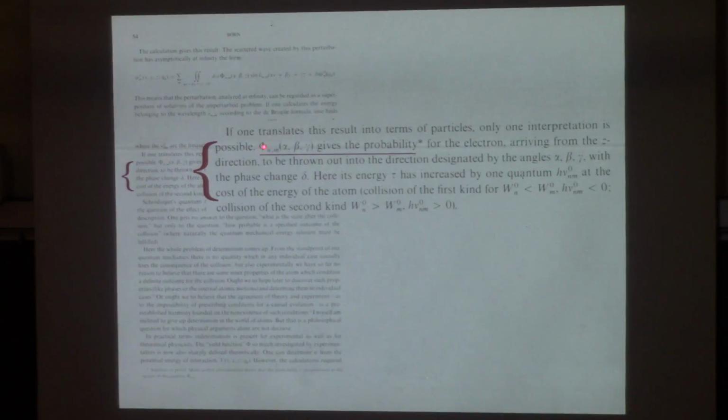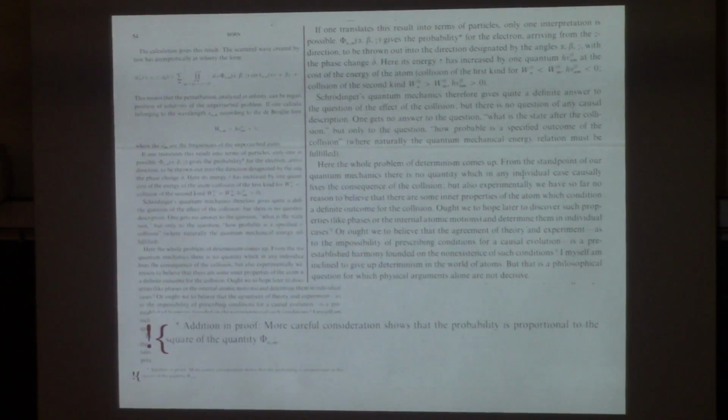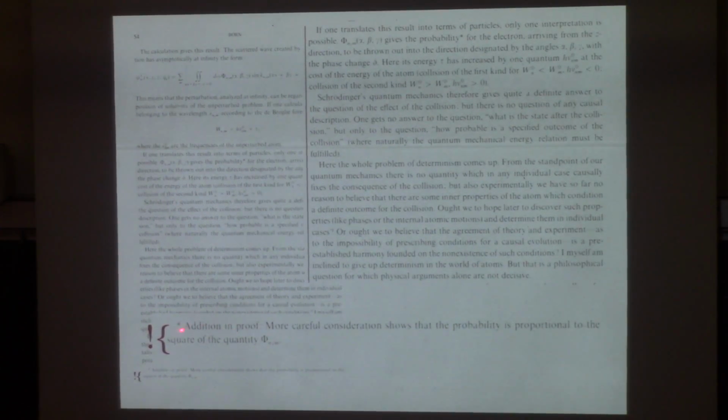Psi, which is the amplitude, gives the probability for the electron arriving, and so on. Now wait a second. Amplitude? Oh, but there is another footnote. Addition in proof: more careful consideration shows that the probability is proportional to the square of the quantity psi. Do your proof skills, please.